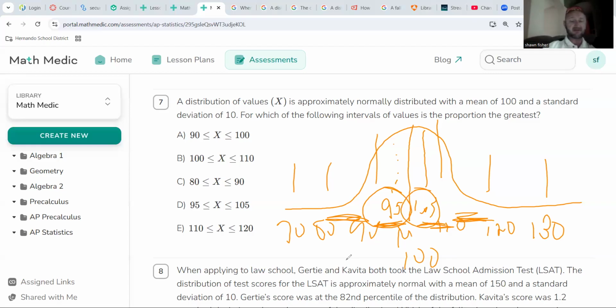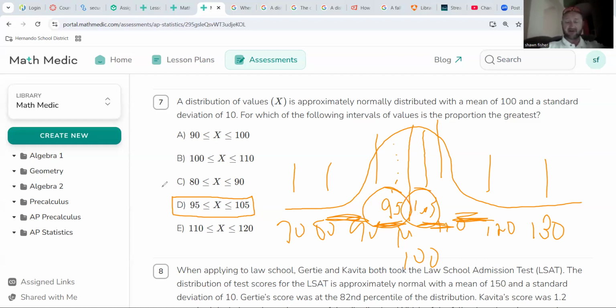I'm not saying it really well, but that's what we're saying. Between those two values the proportion is the greatest, and that's the majority of where my data lie, because that's the mean anyway.